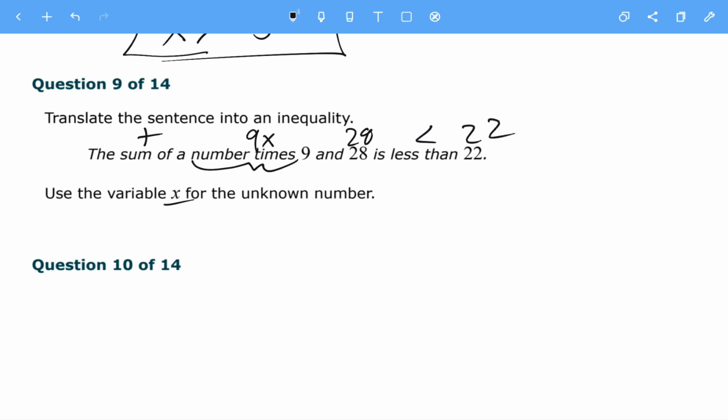So let's translate that. 9x is the number times 9, plus 28. So this is saying the sum of a number times 9 and 28 is less than 22. And that is all we have to do. We don't have to solve that any further.